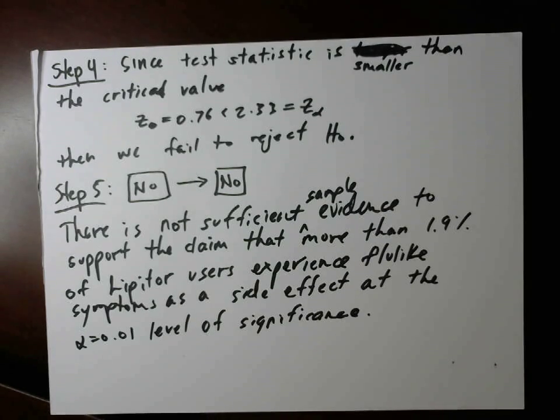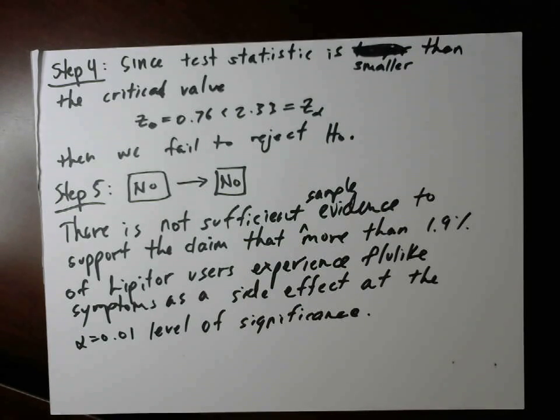And so that's telling you that you are in the middle of the distribution, of the bell curve, and that's in the fail to reject region. So whenever you have a fail to reject, you say there is not sufficient evidence.